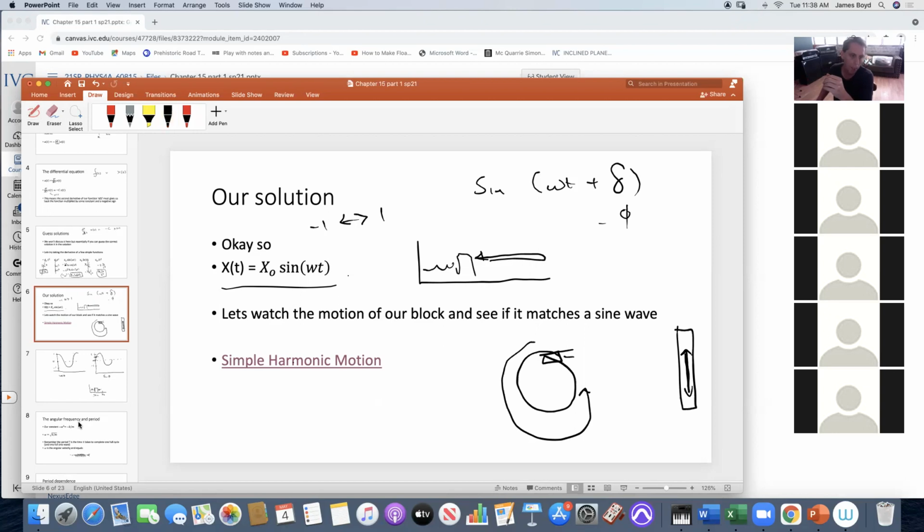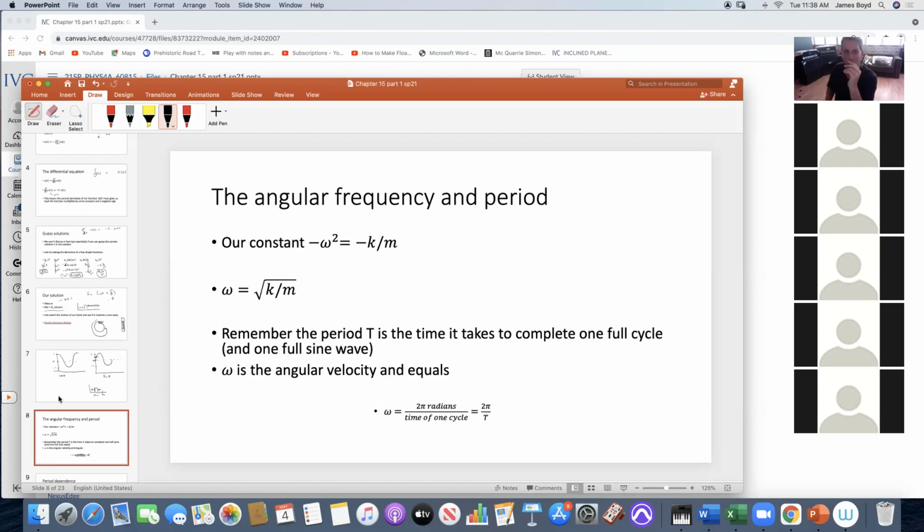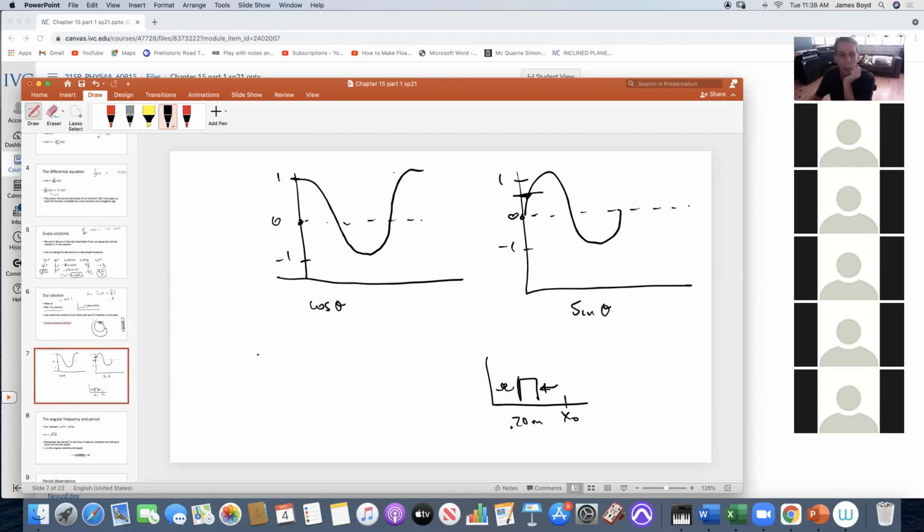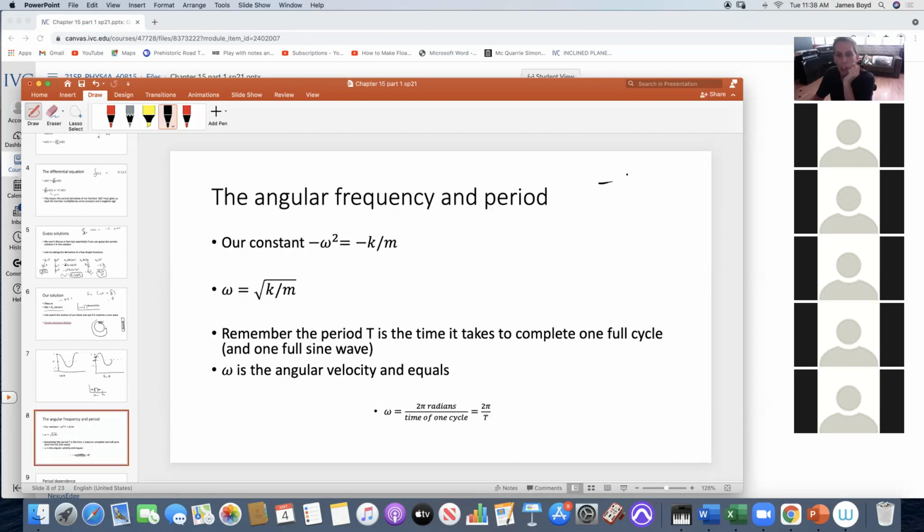So we said that our negative constant was negative omega squared. And if we go back and look, we had that a was equal to negative k over m x. So that means that our negative c has to equal negative k over m.